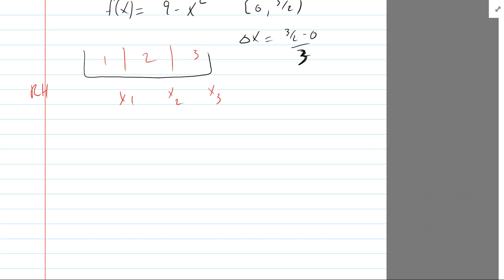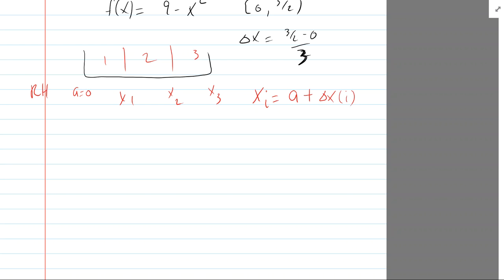We need to use where we start. Did we start at 0? So our a is equal to 0. Does everybody agree? Yes. For the first rectangle, do we go a plus delta x? So every single time, our x sub I is going to be a plus delta x, in our case, we're not going to put an I there because our delta x's are all the same, times I. For the first rectangle, do I add 1 delta x?